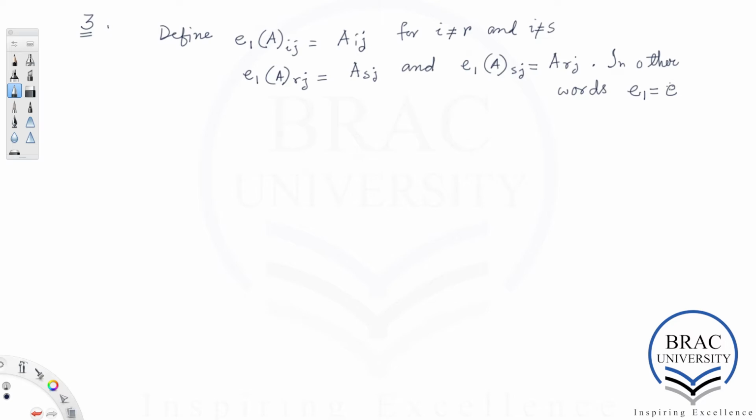Now see that E1 of EA Ij is simply equal to E of A Ij, and we know that E of Aij, because E1 and E are the same, is also Aij for i is not equal to r and i is not equal to s.